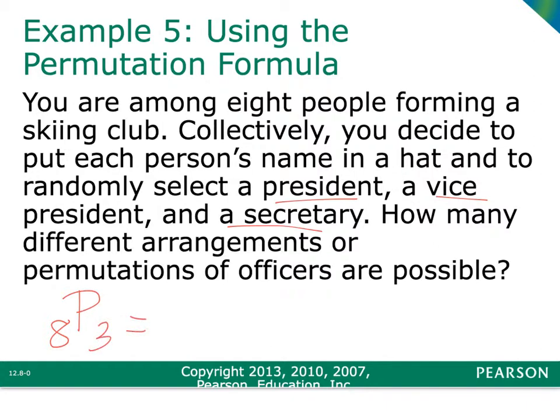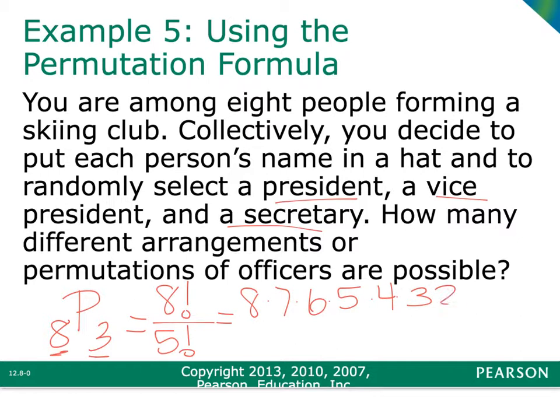So if you're doing it by hand, in your numerator, you would have 8 factorial. In the denominator, you would have 5 factorial. You get the 5 by taking the difference of 8 and 3. So 8 factorial is 8 times 7 times 6 times 5, 4, 3, 2, 1. 5 factorial is 5, 4, 3, 2, 1, all multiplied.